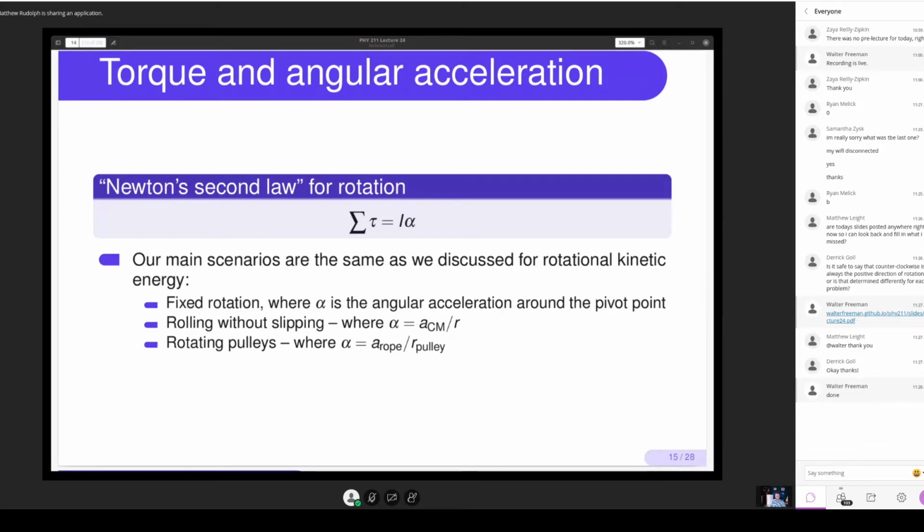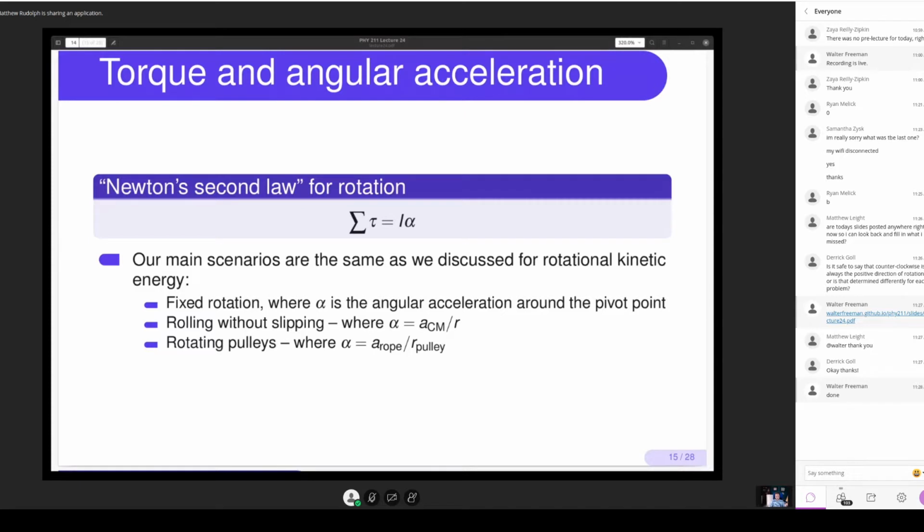And then in terms of alpha, there's a couple different scenarios that I'm just going to bring here that we'll see in this class. We've seen these before, like in rotational kinetic energy. But one is this fixed rotation where alpha really is just some angular acceleration around the pivot point.